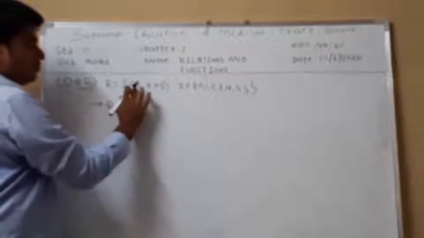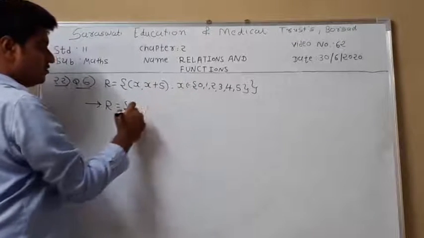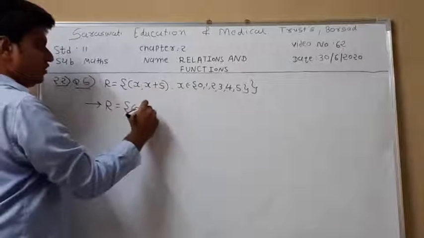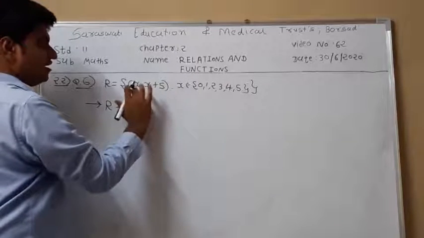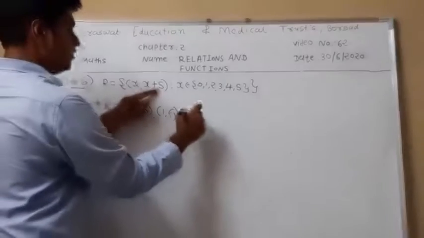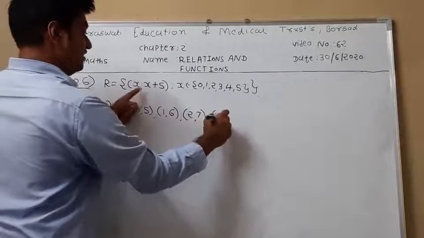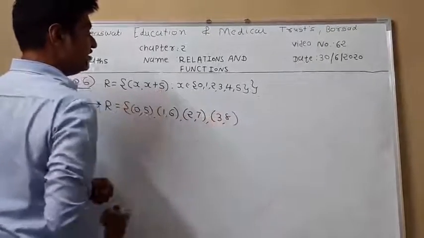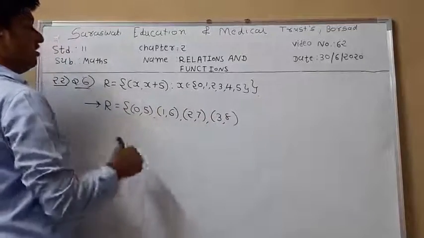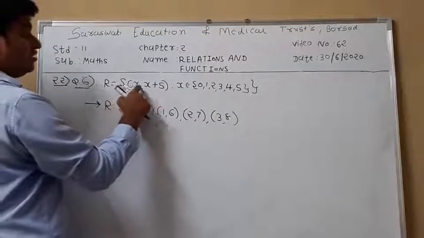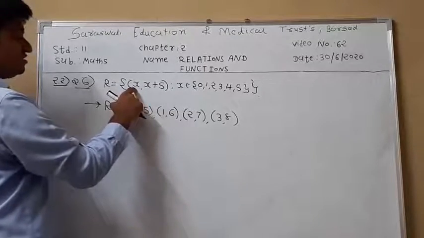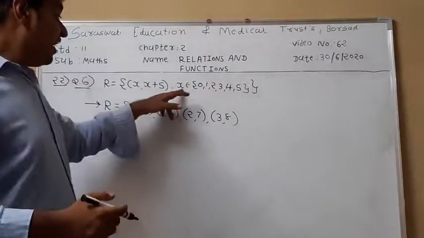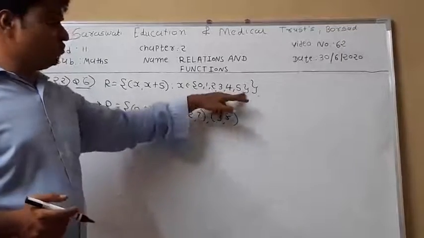Now here the first position is x, the second position is x plus 5. Here in place of x consider 0. 0 plus 5, that means 5. In place of x write 1. 1 plus 5, that means 6. 2 plus 5, 7. 3 plus 5, 8. But here the domain is X, where X is equal to the set of 0, 1, 2, 3, 4, 5.